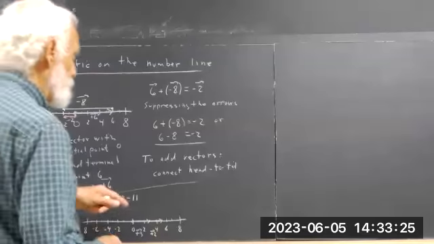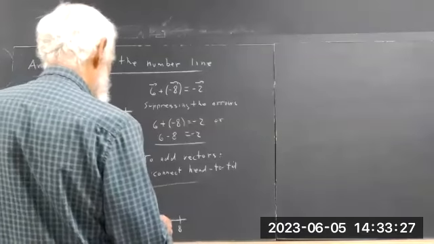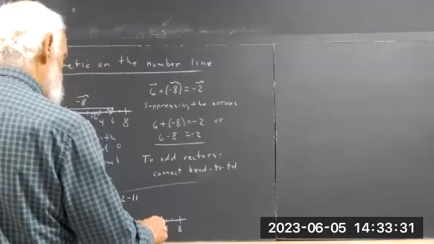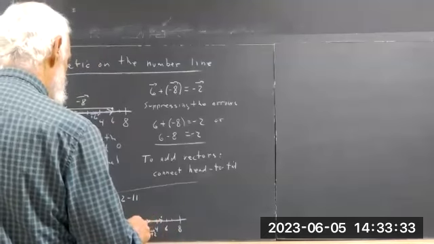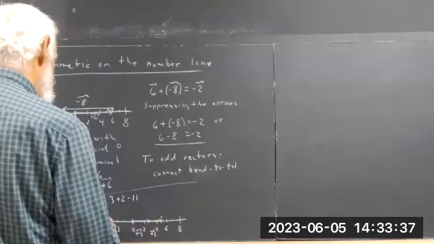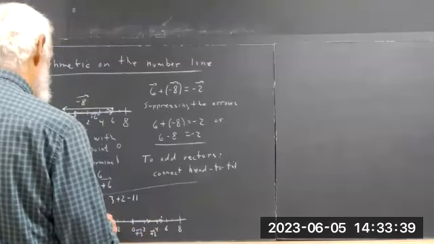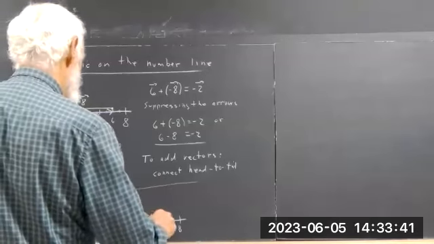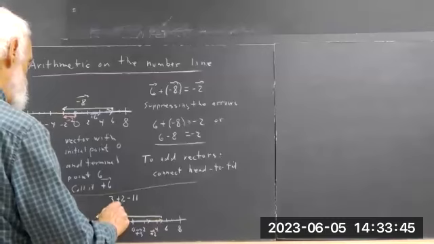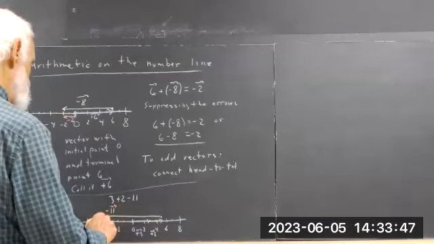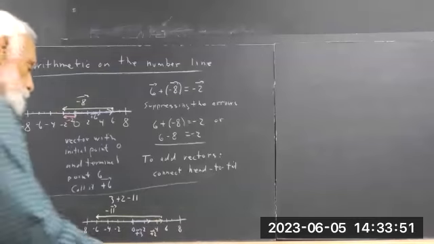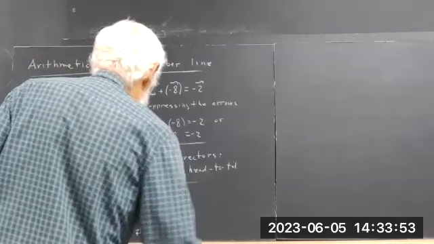And then -11. Well, let's see, starting here. Got to move over 1, 2, 3, 5, 6, 7, 8, 9, 10, 11. Got to move all the way over to here. And what's the result of that?